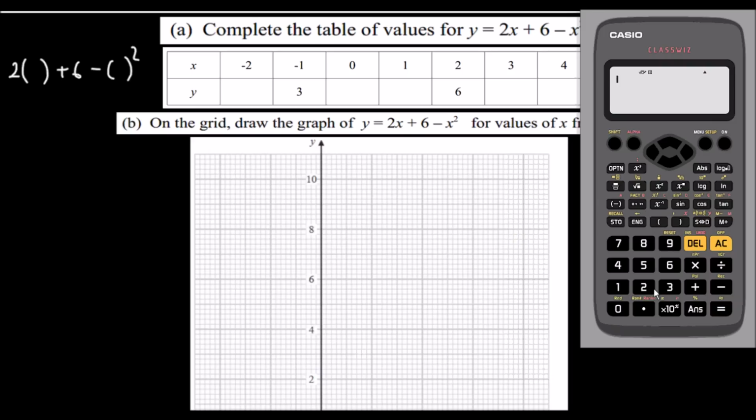So 2 brackets plus 6 minus brackets squared. So for -2, change the number inside the brackets to -2.